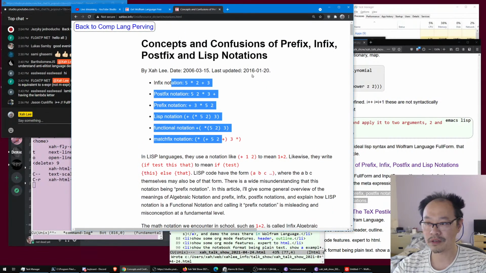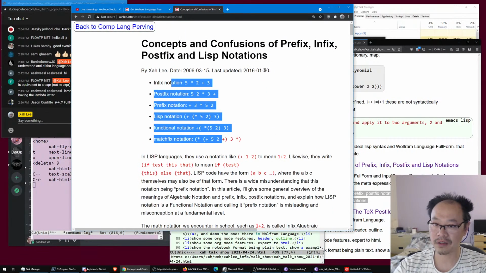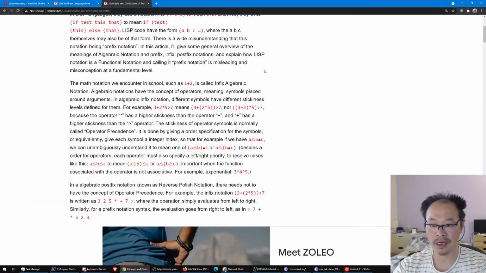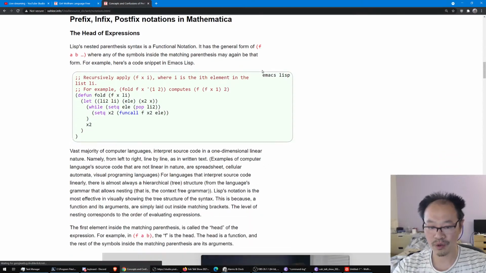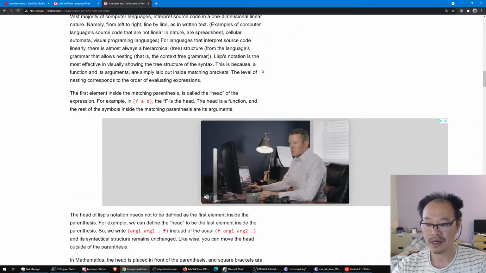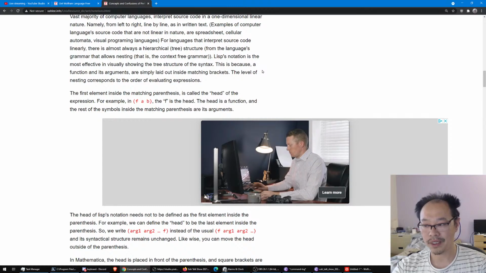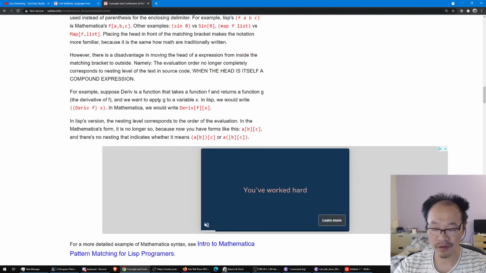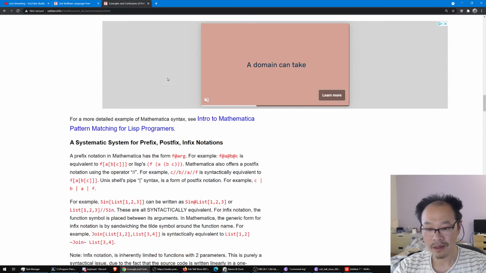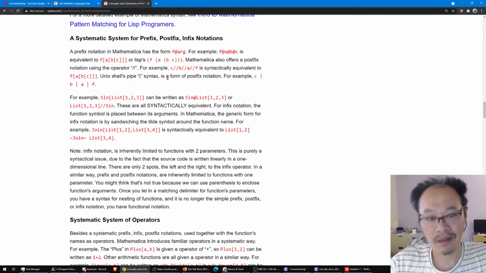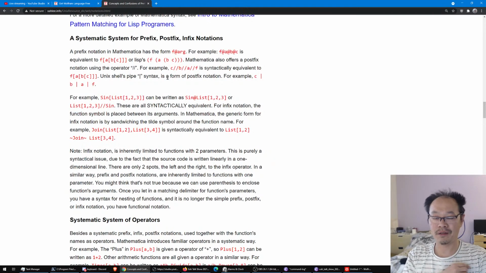Concepts and confusions of prefix, infix, and postfix notations and Lisp notations. There's quite a lot in this article, so you might be interested to look into it, because in this article I pretty much explained what I explained now. Actually, there's more, but let's skip that, because I have other things I need to explain.